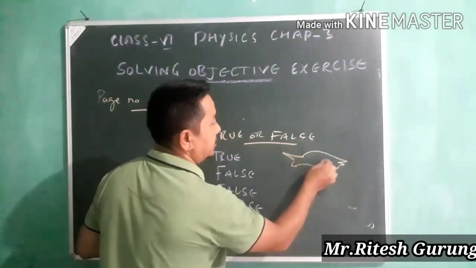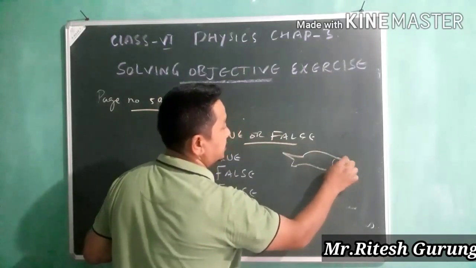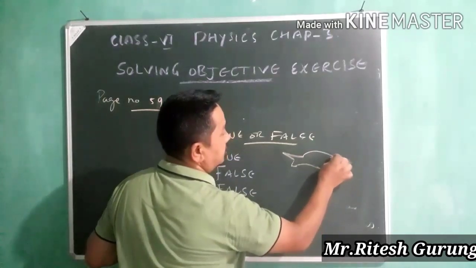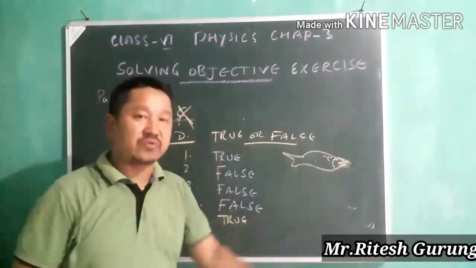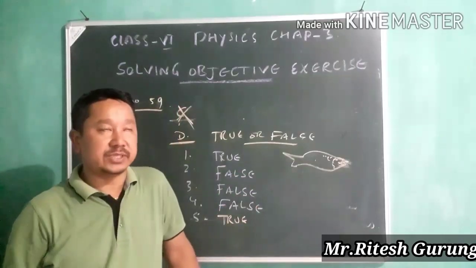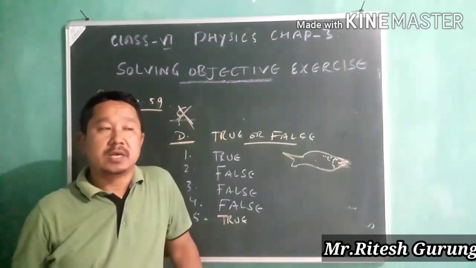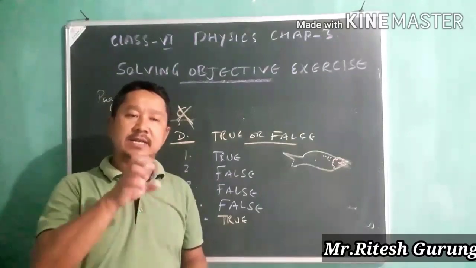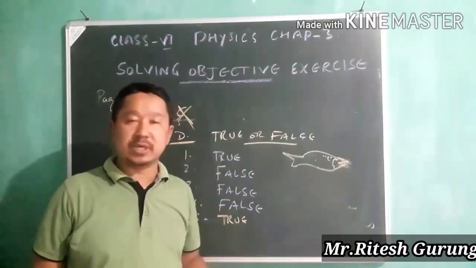This type of shape, which is pointed in front, is streamlined. You see the shape of a bird, a boat, helicopters and all. They are all streamlined. Why? Because it can reduce the frictional force.